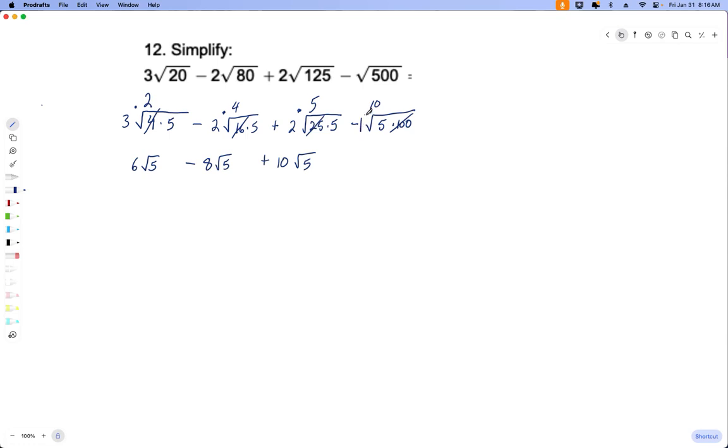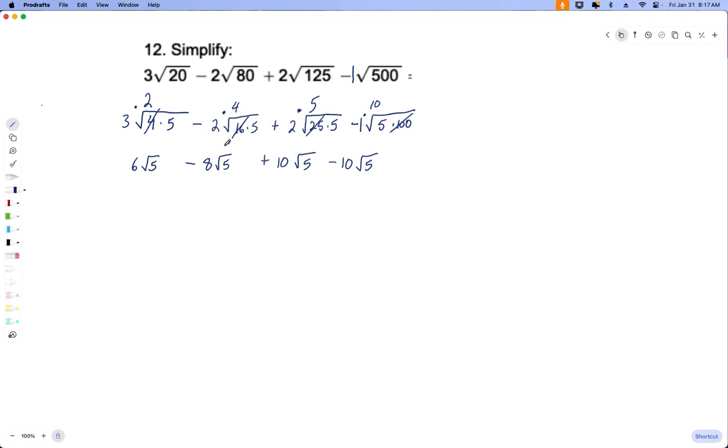This is actually a 1 right in front of there. It's just invisible, right? Whenever we treat the radical like a variable, there's an invisible 1 in front of it all the time if there's not a number here. So negative 1 times 10 is a negative 10 times the square root of 5, which is the thing that is left behind.